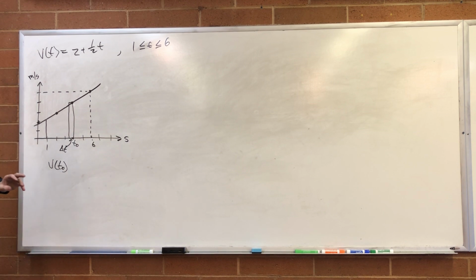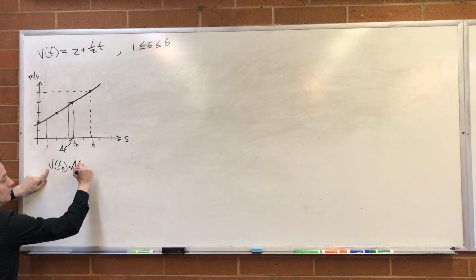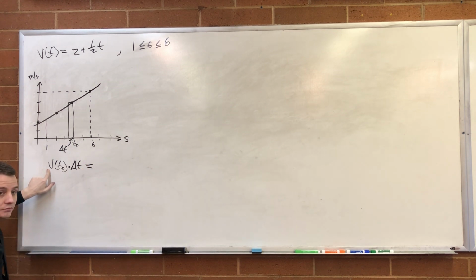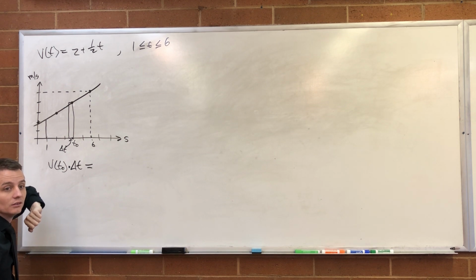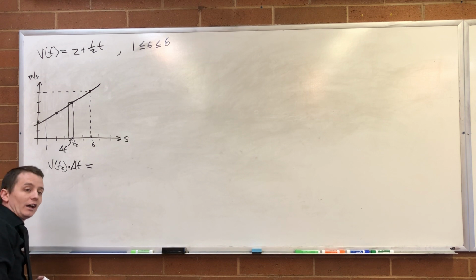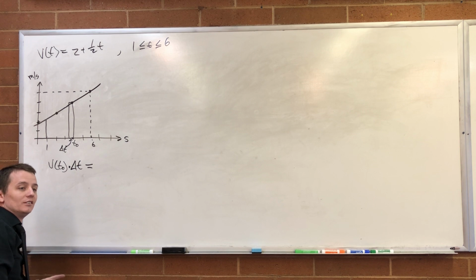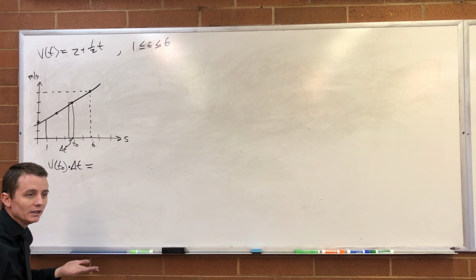Sorry. Maybe I should have said this real quick. Notice what the area of the rectangle gives me. It gives me v of t naught times delta t, which is velocity times time. If I am going 100 meters per second, and I do that for 2 seconds, that's a change in position, displacement, 200 meters.